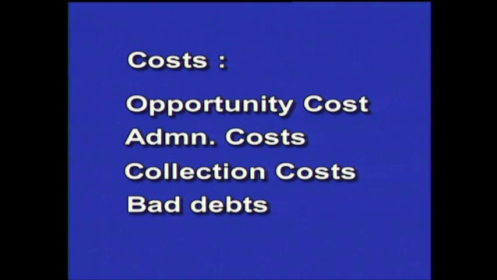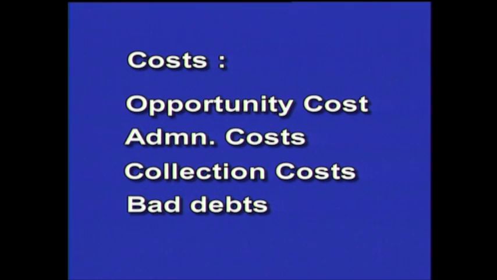You have to maintain the accounts of the debtors and continuously monitor them. You also have to appoint persons to collect the amount from the debtors, involving collection costs. And once you sell goods on credit basis, you are running a risk. The debtors may pay you the amount, or may not pay you. If they are not paying you, it results in bad debts. So, these are the costs incurred when you sell goods on credit basis.